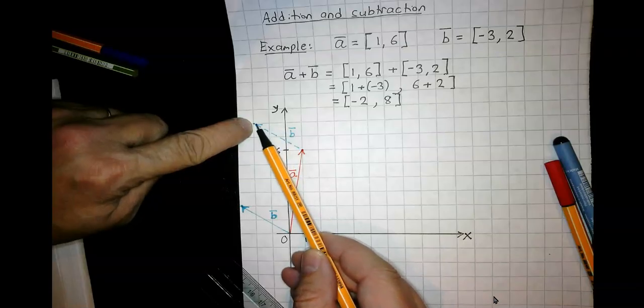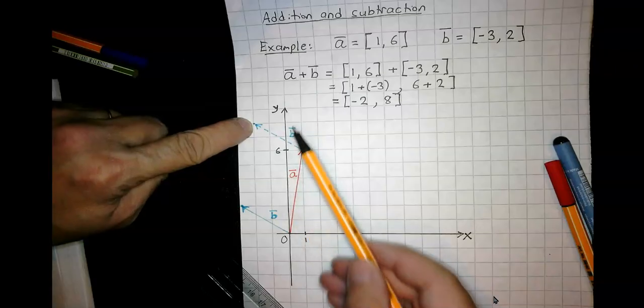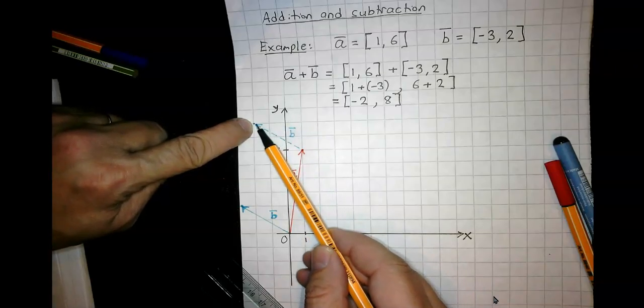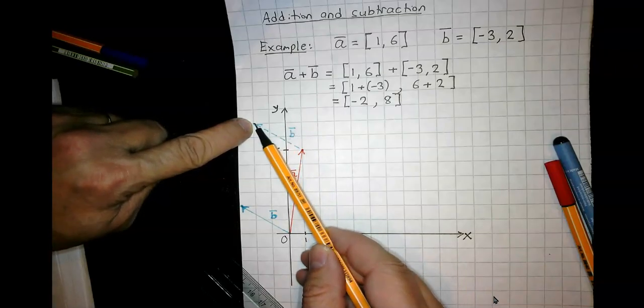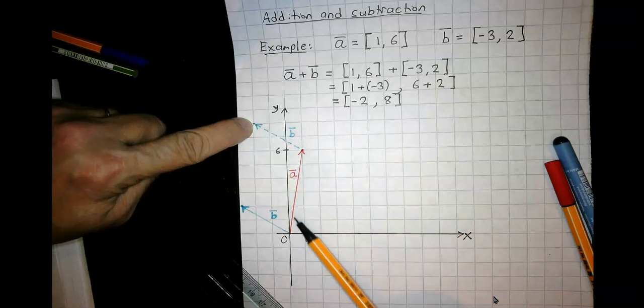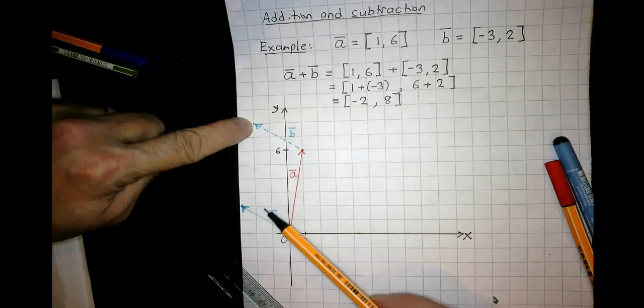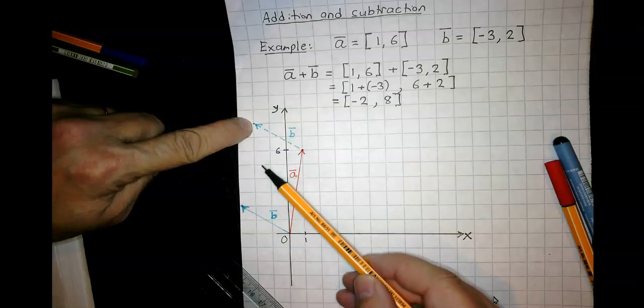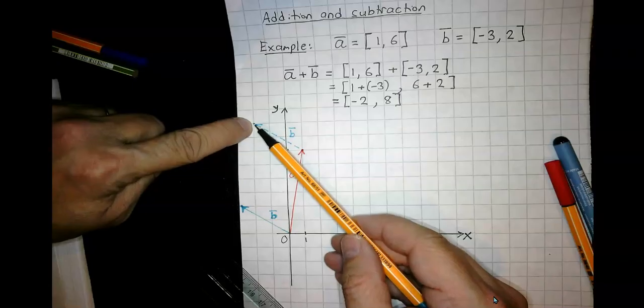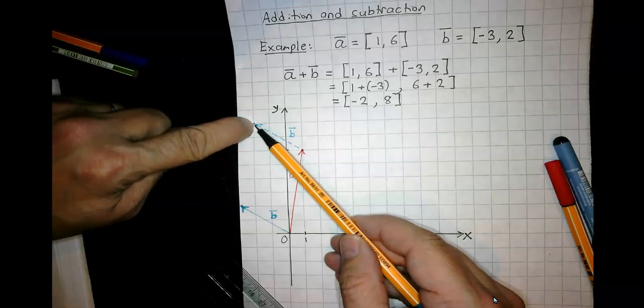That means the x-coordinate equals -2 because it is 2 units left, and then we move from the x-axis upwards 1, 2, 3, 4, 5, 6, 7, 8 units, and we end up at this point.